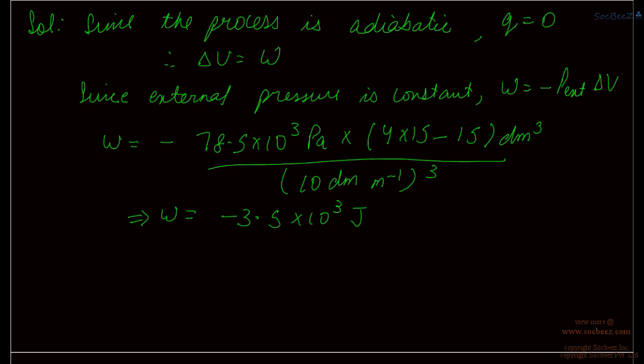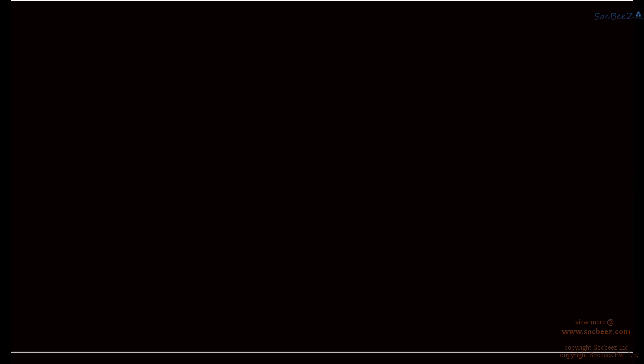joule. Okay, now since W equals delta U, so from here delta U equals minus 3.5 into 10 raised to power 3 joule. Okay, now one can also relate adiabatic work to delta T. Let's see how.